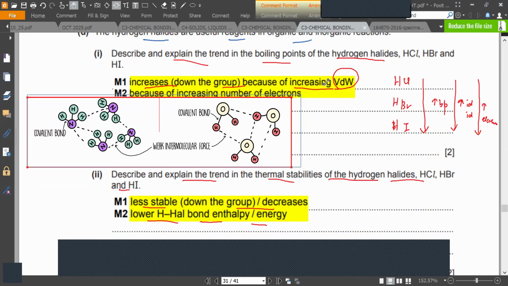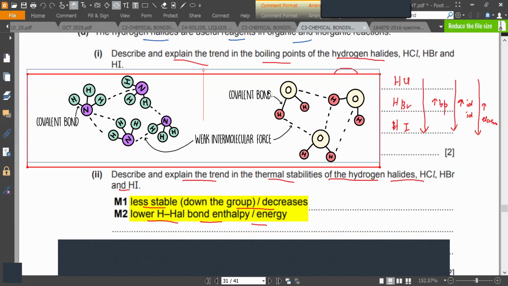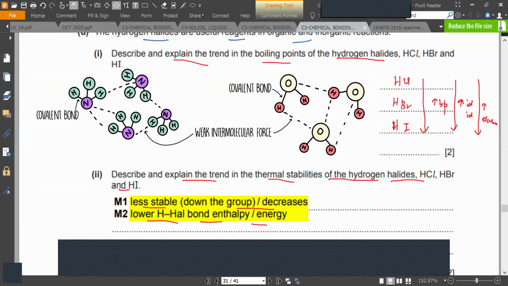So this one, when we're talking about boiling point, we are breaking the intermolecular forces. But when we are talking about thermal stability, we are breaking the covalent bond. It's a different thing.